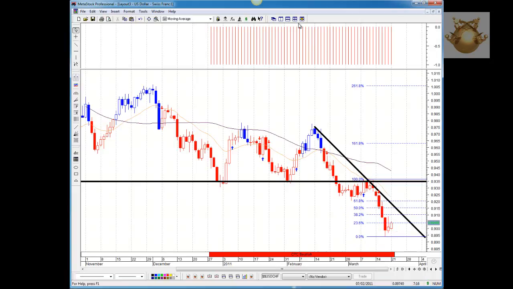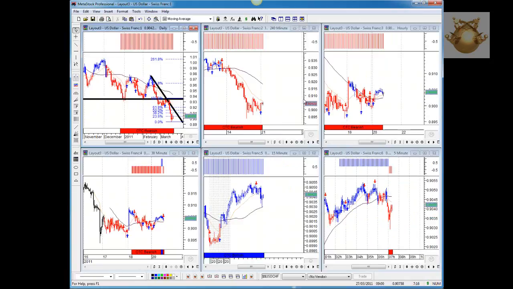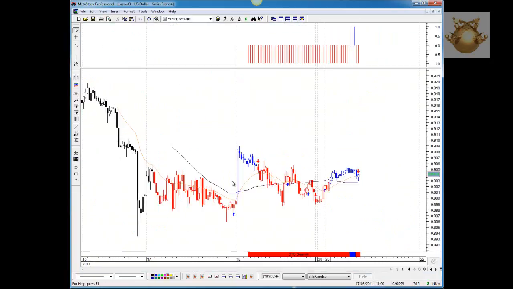So as price is moving now intraday, we could see momentum. If we go to a 30-minute, for example, CTC is still negative, but you'll notice that the lows are swinging higher, but price has failed to break and trade higher than 0.905.